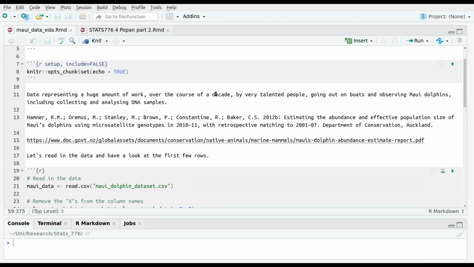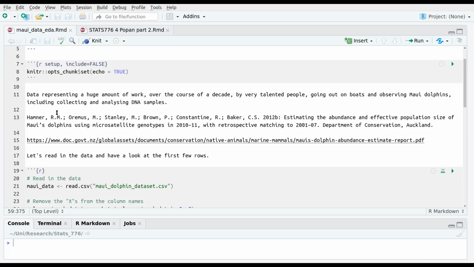This data is over the course of a whole decade, and that means talented people going out on boats and actually observing dolphins, and in this case, actually collecting and analyzing DNA samples. So it's good to remind yourself how much work and talent goes into a data set like this.